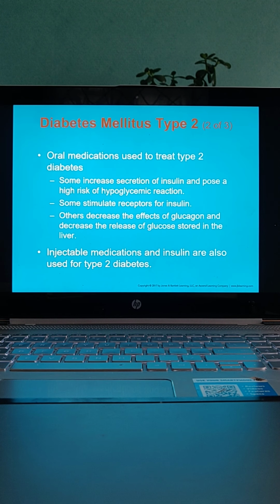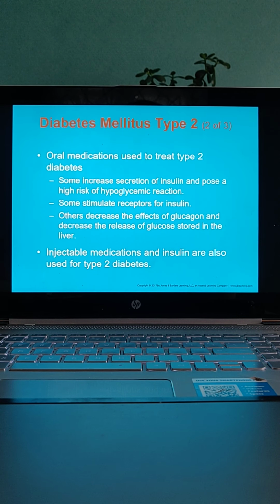Oral medications used to treat type 2 diabetes: some increase secretion of insulin and pose a high risk of hypoglycemia reaction. Some stimulate receptors for insulin. Others decrease the effects of glucagon and decrease the release of glucose stored in the liver. And again, when glucose is stored in the liver, it's called glycogen.